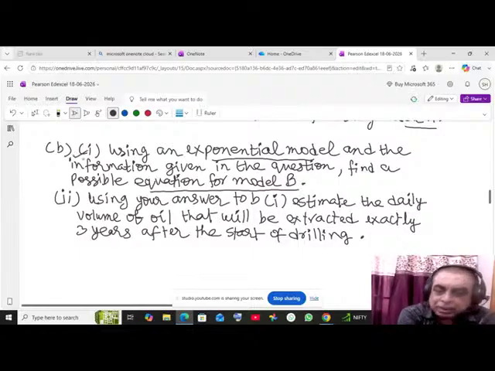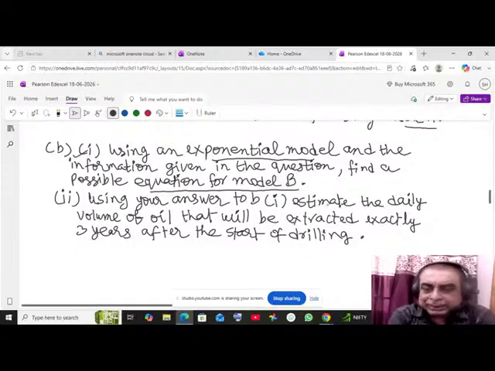Then, using your answer to the first part, the equation you made, estimate how much oil is drilled daily from the equation of model B. Estimate the daily volume of oil that will be extracted exactly 3 years after the start of drilling.